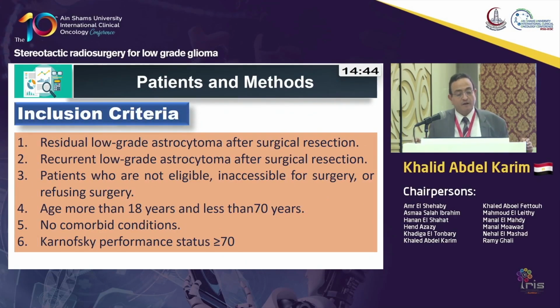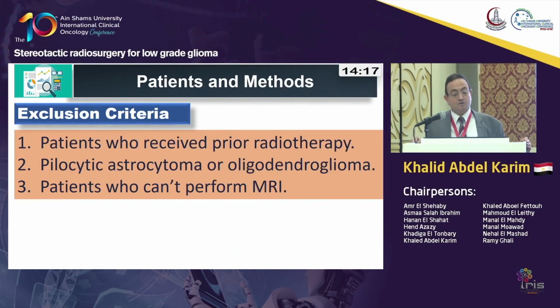This was our inclusion criteria: residual low-grade astrocytoma after surgery, recurrent low-grade after surgery with total or subtotal resection, patients who are not eligible, inaccessible, or refusing surgery, age more than 18, less than 70, no comorbid conditions, and Karnofsky more or equal to 70.